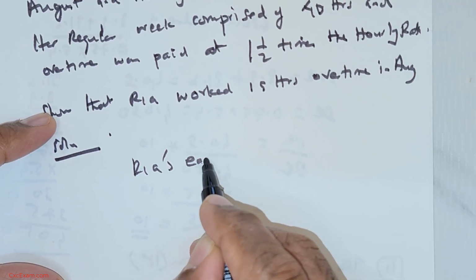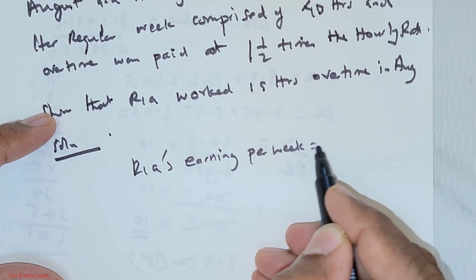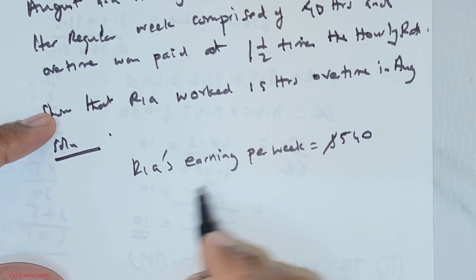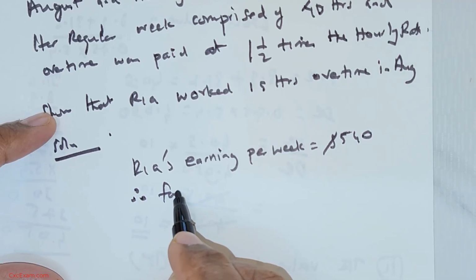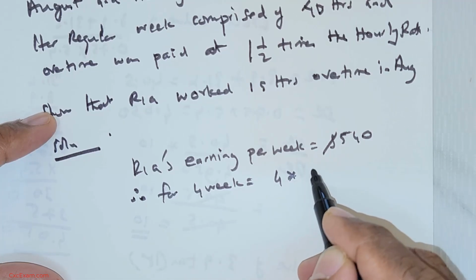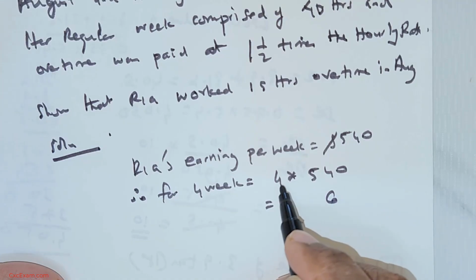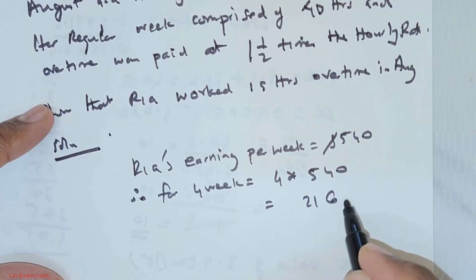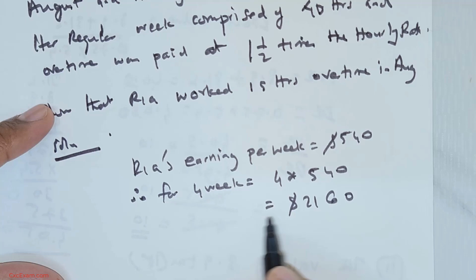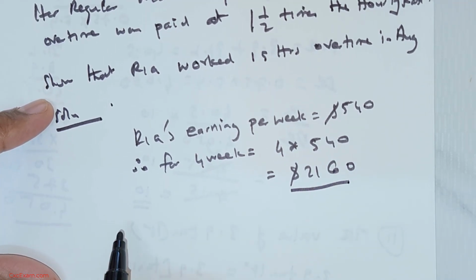Ria's earning per week is $540. Therefore, for 4 weeks is going to be 4 multiplied with 540, which is nothing but 4 sixes are 24, 4 fives are 20, 21. So this is the earning for 4 weeks, right?